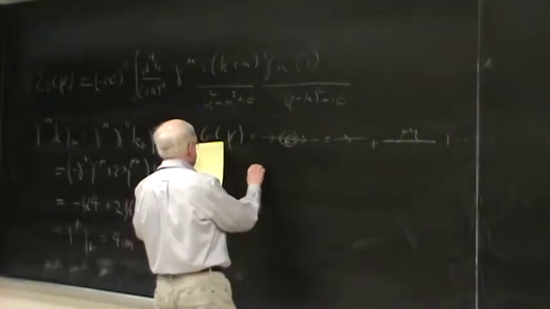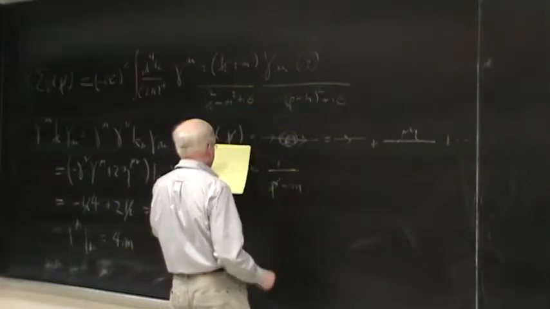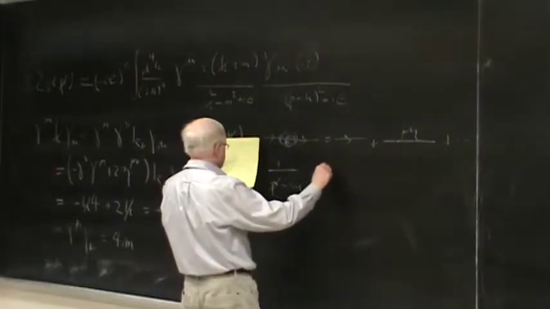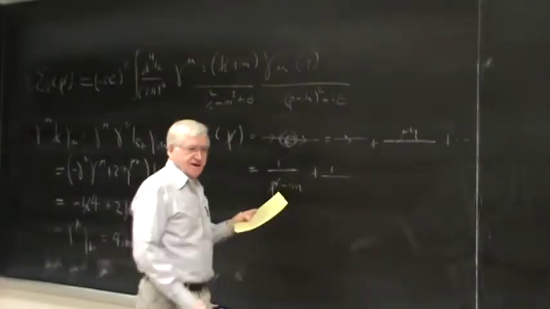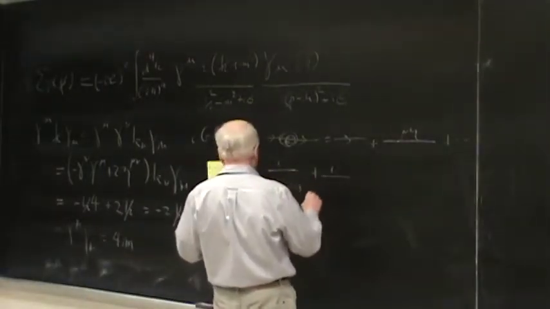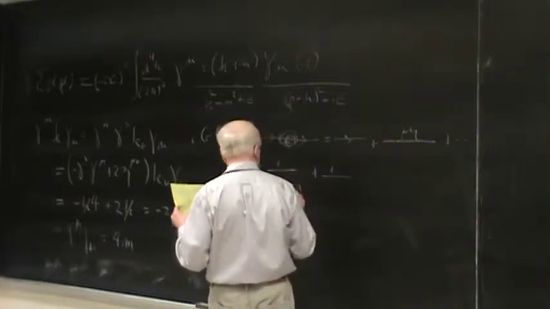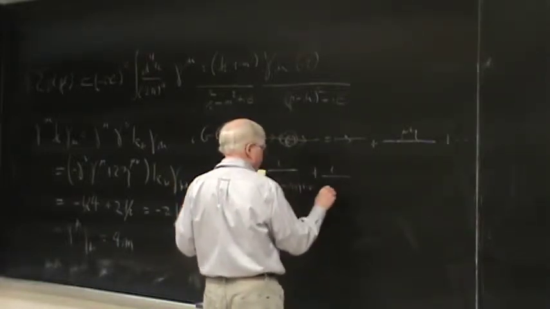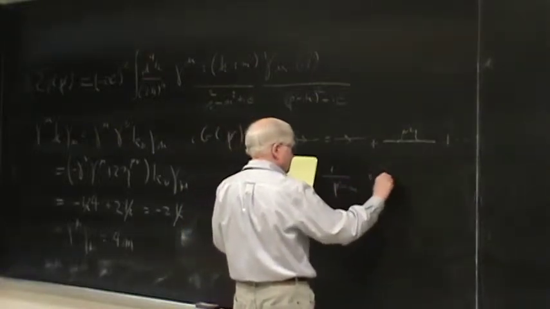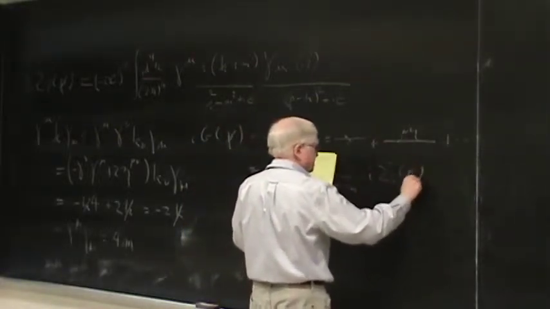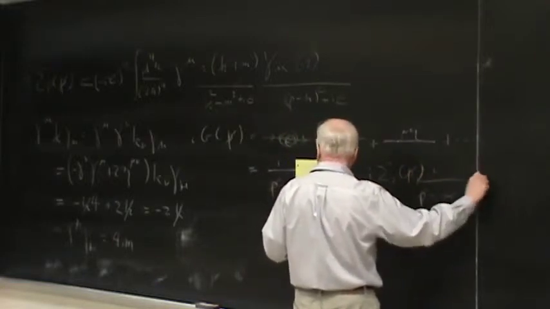And so this is i over p-slash minus m, and we're going to be leaving out the i epsilons, just from i epsilon fatigue. So let me put one in, plus i epsilon there. p-slash minus m, then i sigma 2 of p-slash, i over p-slash minus m, and then i rho.